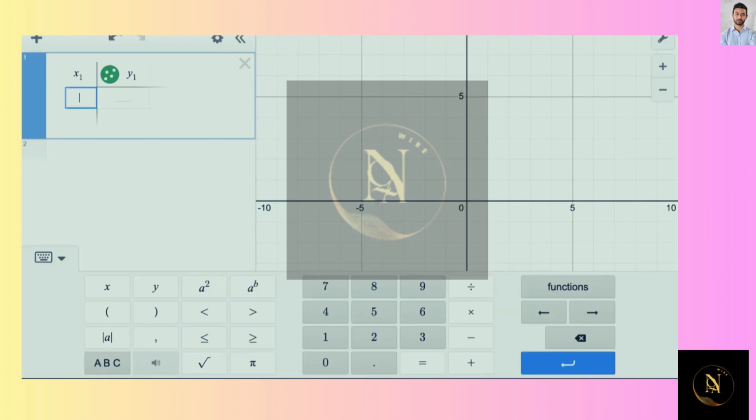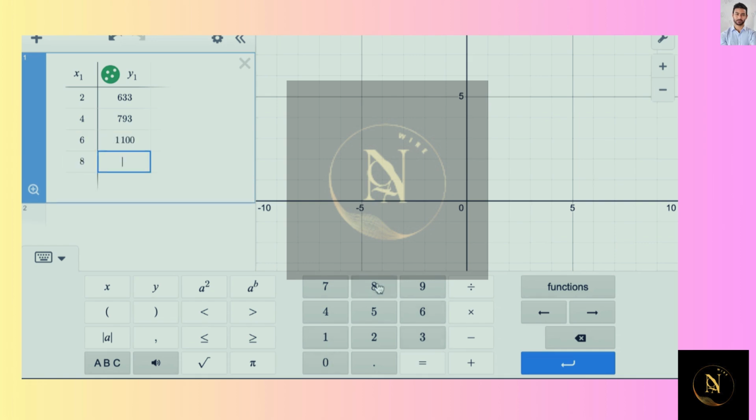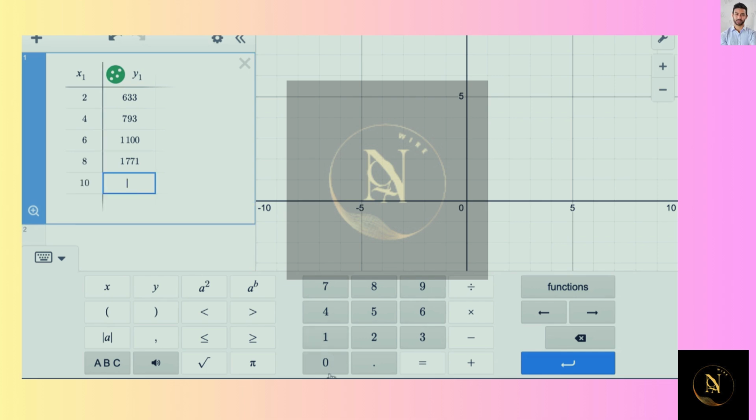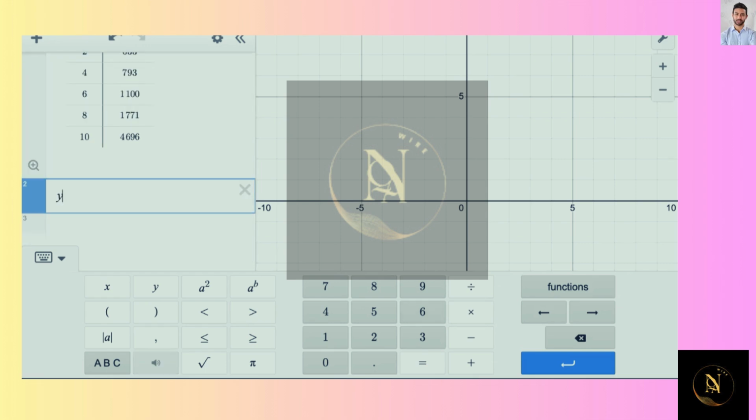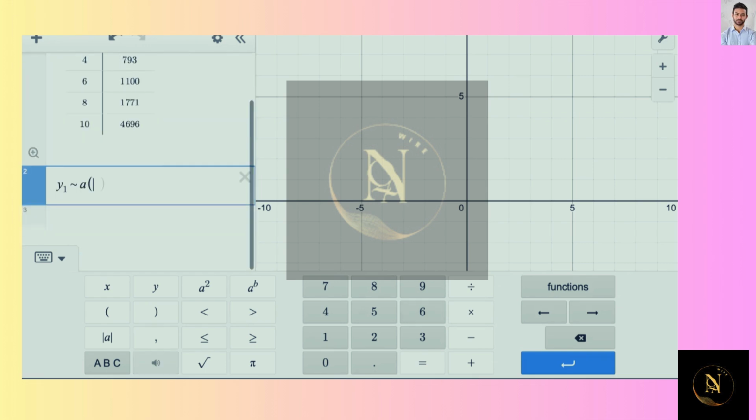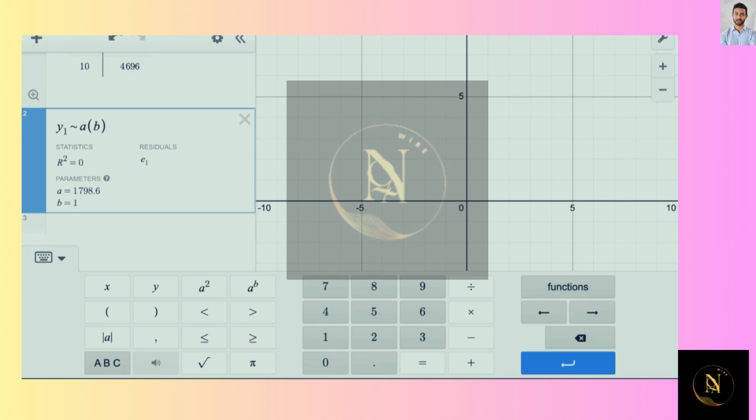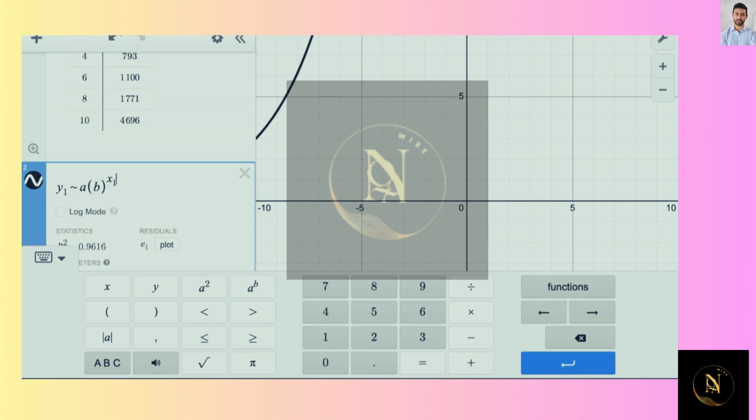So if I say 1990, then it would be 2, 633, 4, 793, 6, 1100, 8, 1771, and 10, 4696. Again, x is years since 1990. An exponential model, y1 is approximately a times b to the x1.